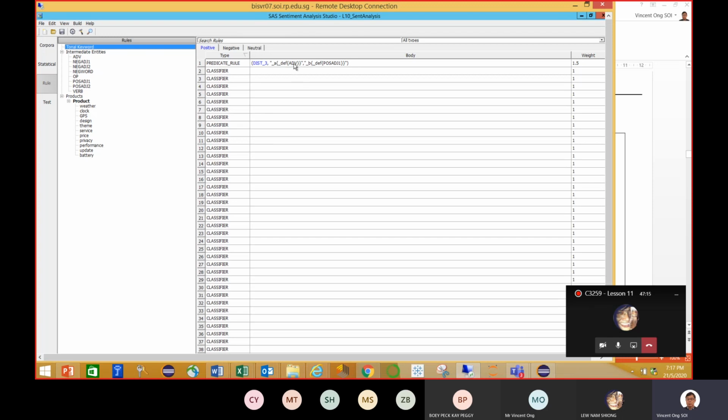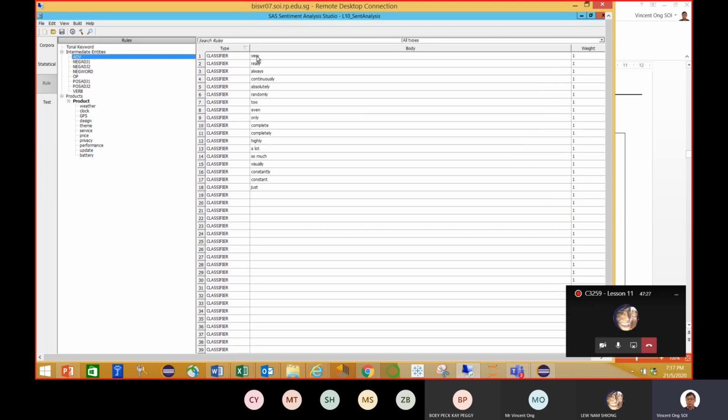Positive is defined in these, called the adverb, for example. So ADV is defined here, right? So these are positive. If I have very good, really good, absolutely lovely, right? So these are very positive words.